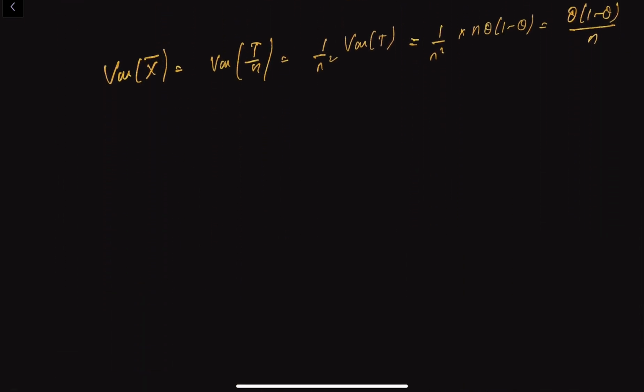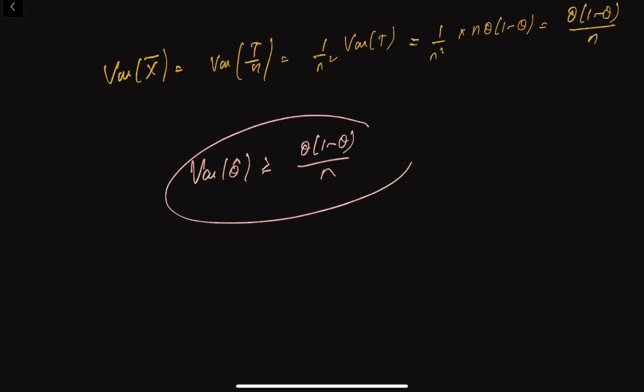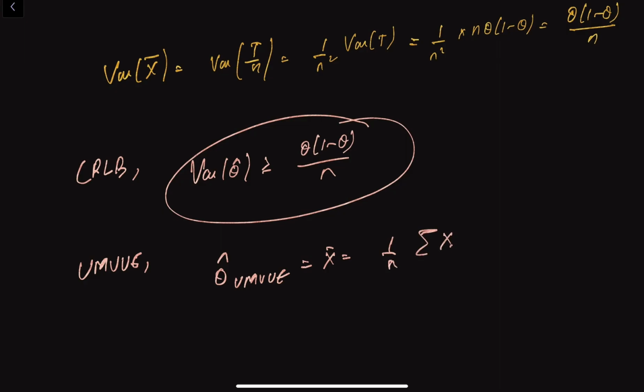So the conclusion here is, three things they have asked basically. Find the lower bound, which we found by the Cramér-Rao lower bound. We also found the UMVUE as theta hat equal to X bar, which is 1 by n summation Xi.